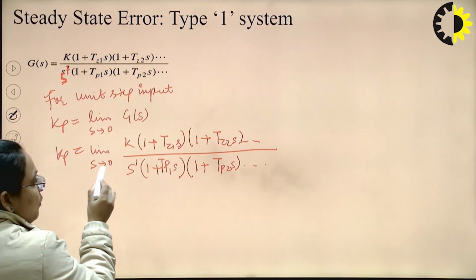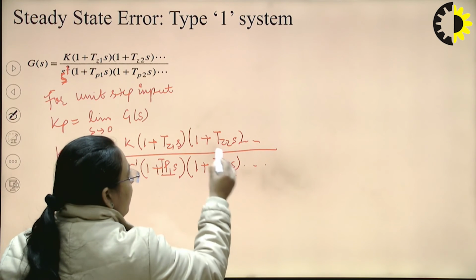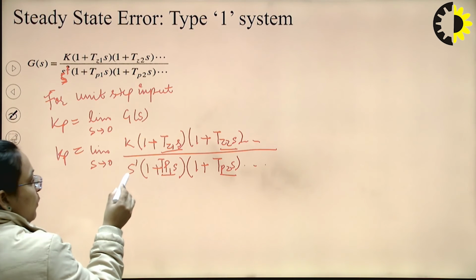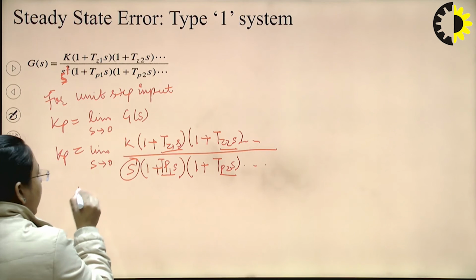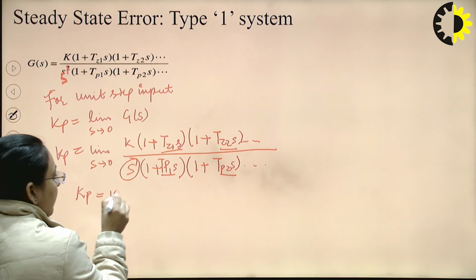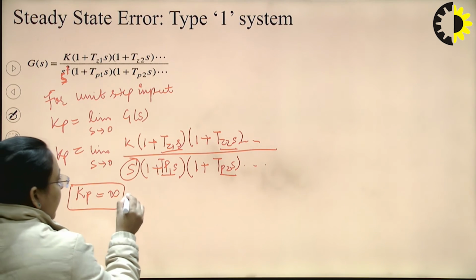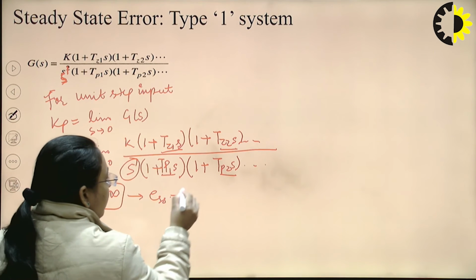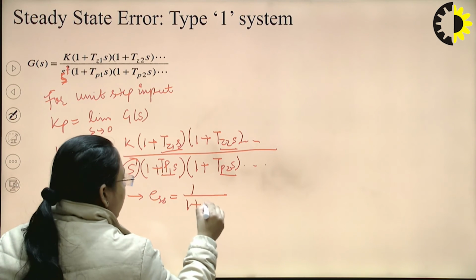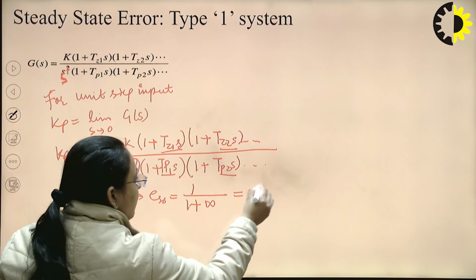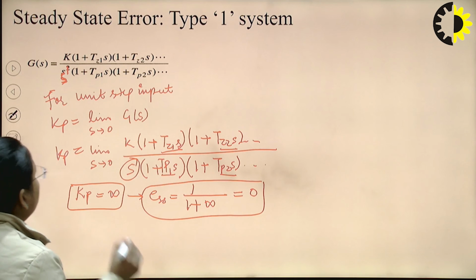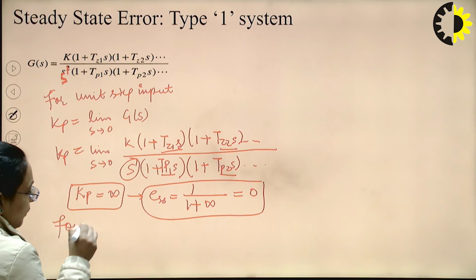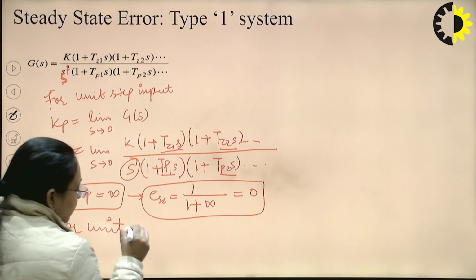So because of this, all these terms will become 0, right? But K upon S, because of this S, it will become infinite. Kp will become infinite, right? And correspondingly, steady state error will be 1 upon 1 plus infinite. That means 0 for this case. Now for type 1, we will calculate for unit ramp input.